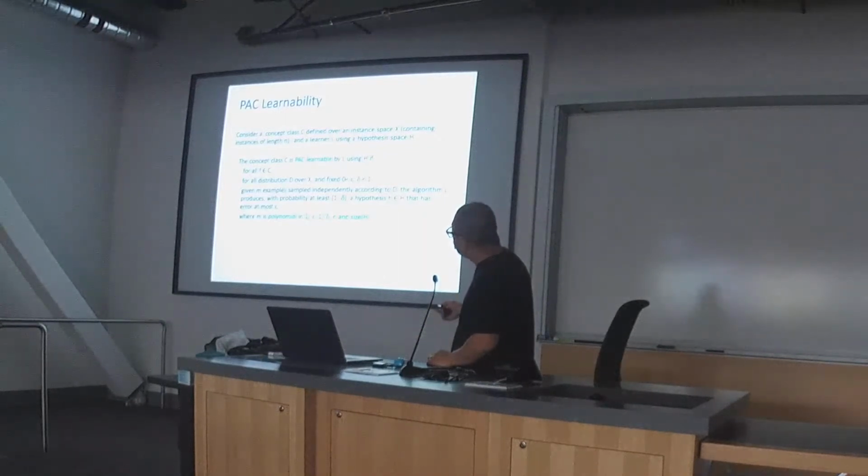I only need a number of examples polynomial in these 4 numbers. Then I can guarantee you, with the chance at least 1 minus delta, I can find a good hypothesis whose true error is at most epsilon.